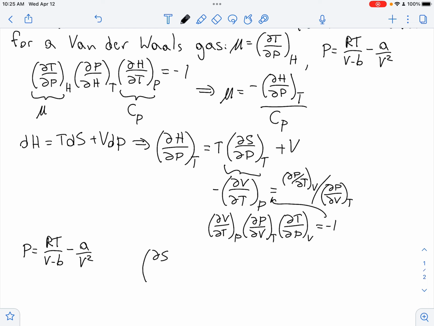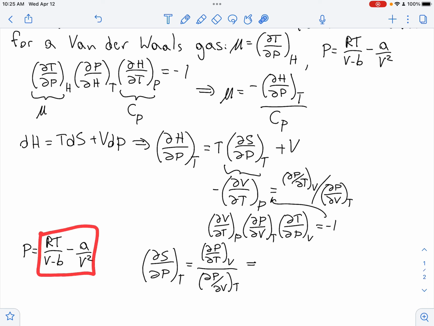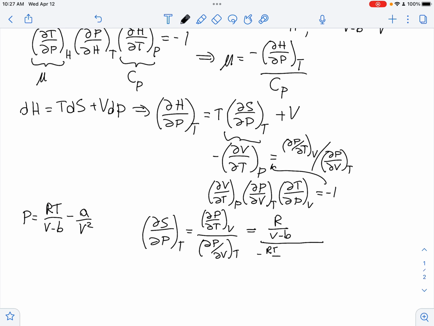We're looking for dS/dP at constant T, and we determine that this is equal to dP/dT at constant V divided by dP/dV at constant T. This must be equal to, so here the temperature derivative is just R over V minus B, and then the volume derivative can be taken, minus RT over (V minus B) squared plus 2A over V cubed.